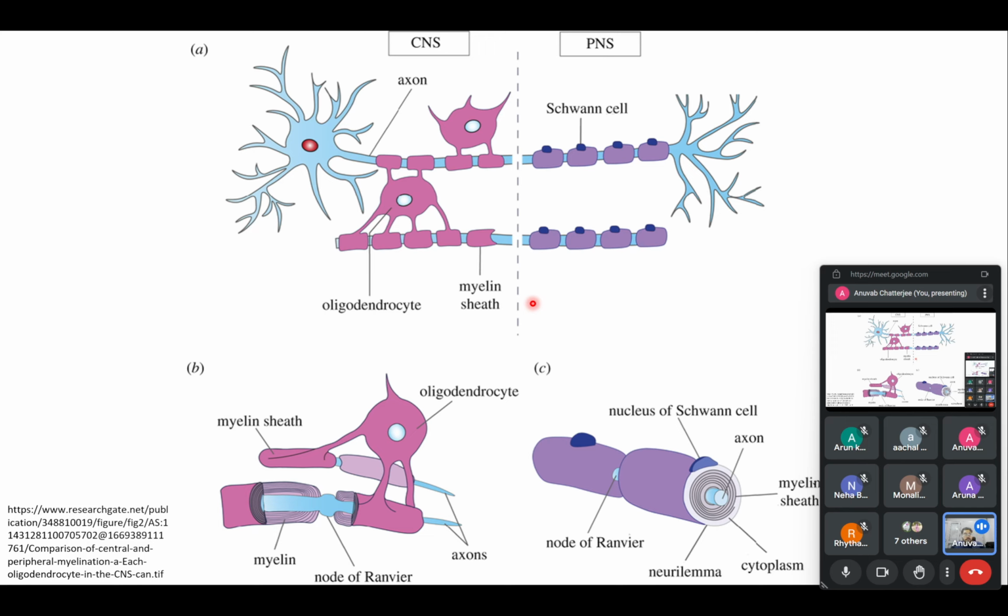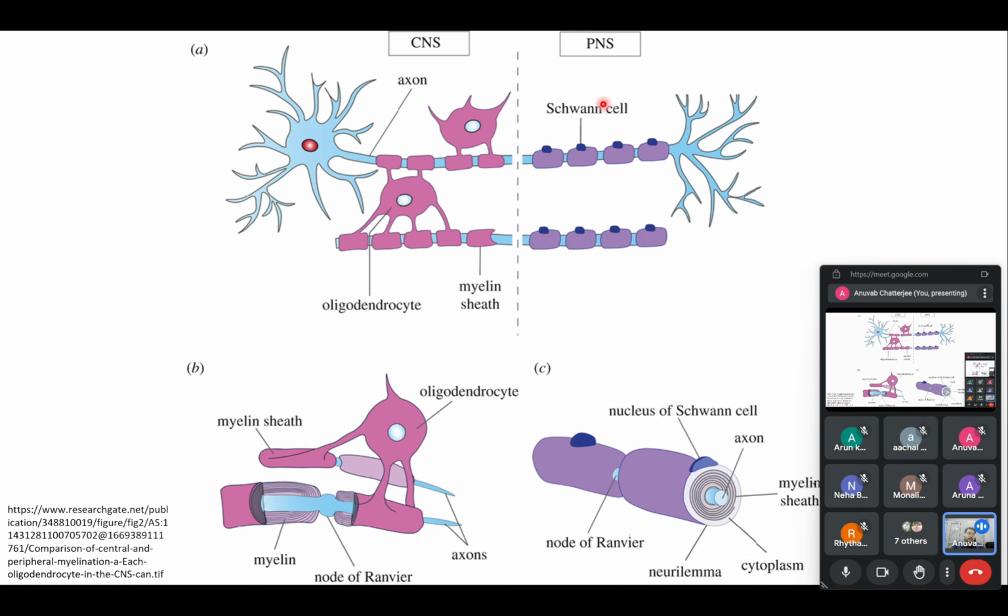The oligodendrocytes take the place of Schwann cells in the central nervous system and are these big cells, as you can see right here, which send out cytoplasmic projections that cover the axons in the central nervous system. So you can see the oligodendrocyte as a big cell which sends out cytoplasmic extensions and covers different neurons at once. This one cell can essentially cover a lot of different neurons.